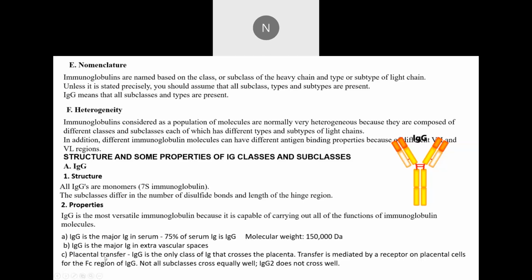And as he mentioned, it is the only immunoglobulin that crosses the placenta, and transfer is mediated by a receptor on the placental cell. But not all subclasses. Only IgG can go, but among the subclasses, IgG2 does not cross the placenta at all.